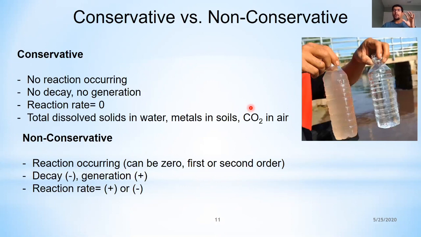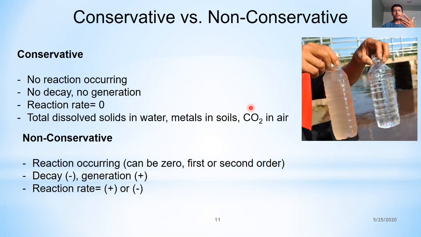So remember, one more time, our mass balance equation: accumulation rate equals input rate minus output rate plus or minus reaction rate. If the system is at steady state, the accumulation is zero. And if there is a conservative substance, your reaction rate is equal to zero.